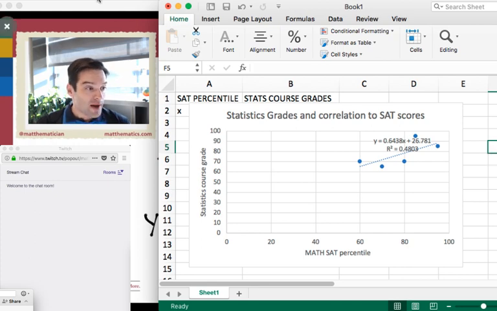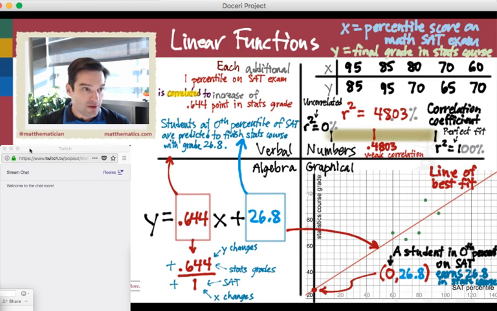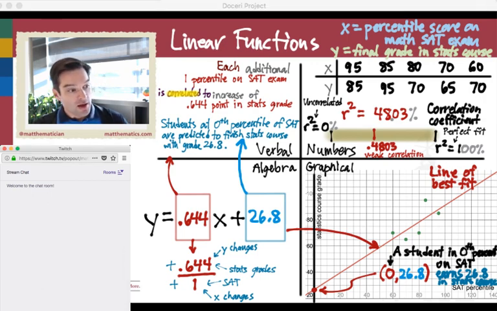So the most important thing to take away from today's session is how to contextualize, how to talk to somebody who's not a math student or a math teacher about what a slope and an intercept actually mean, why they should care about them. I'm not going to get anywhere by just holding out the number 0.644 to somebody.